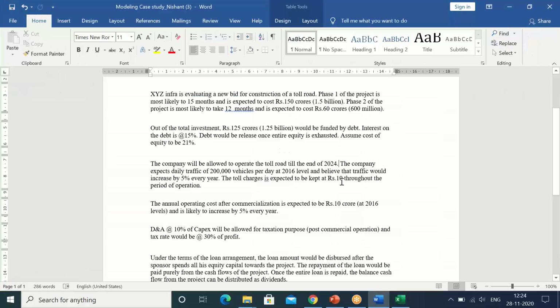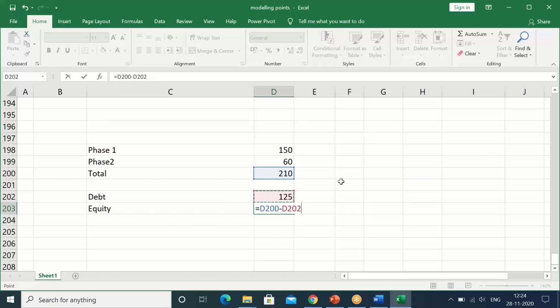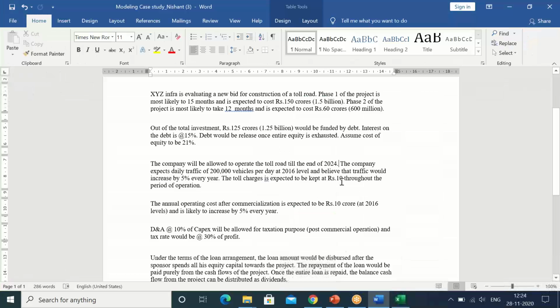Out of this, our debt is how much? It's given as 125. And what does it mean? The equity is the difference of this? Read para 2, first line.